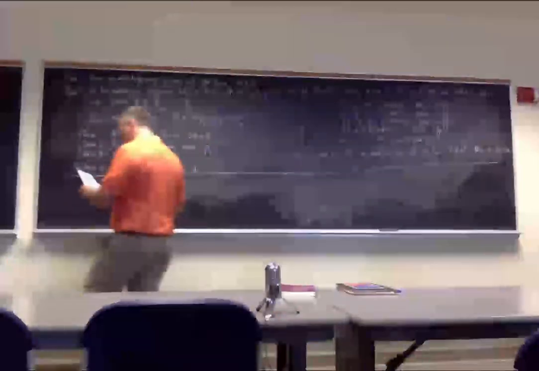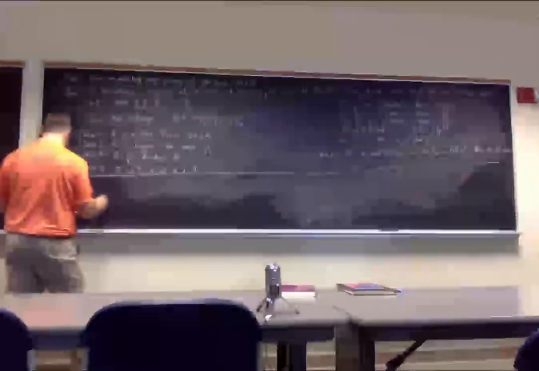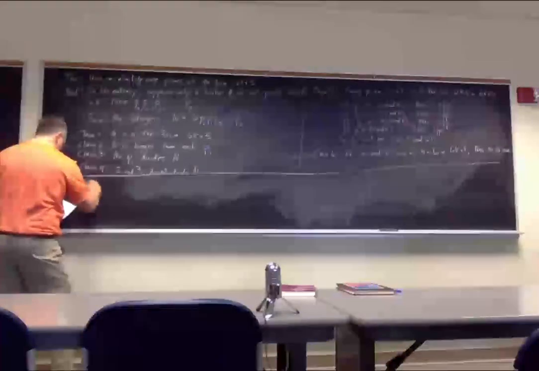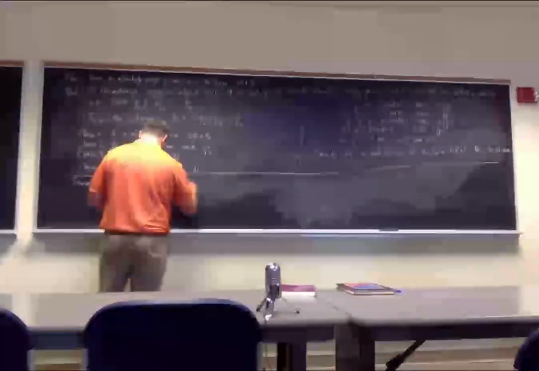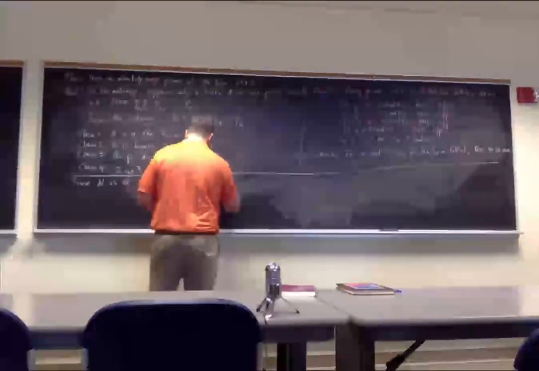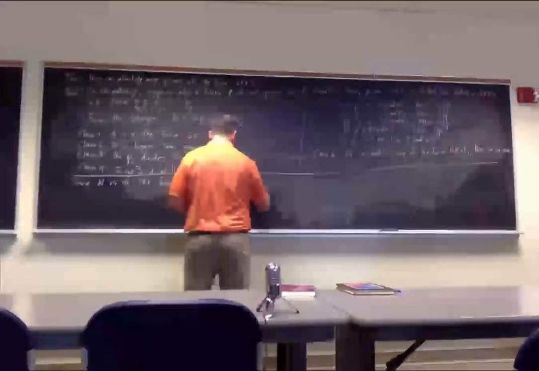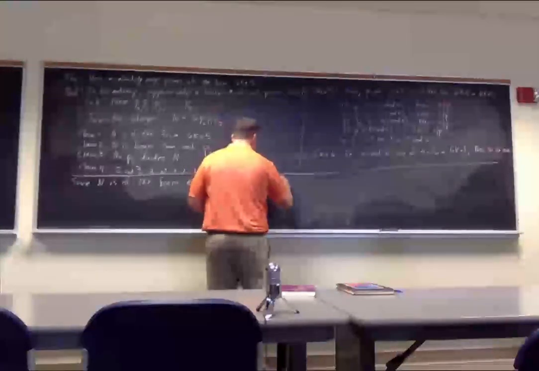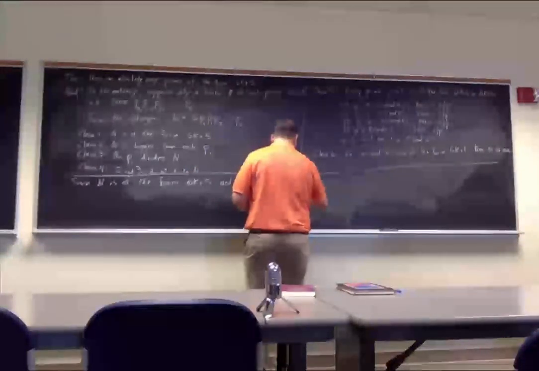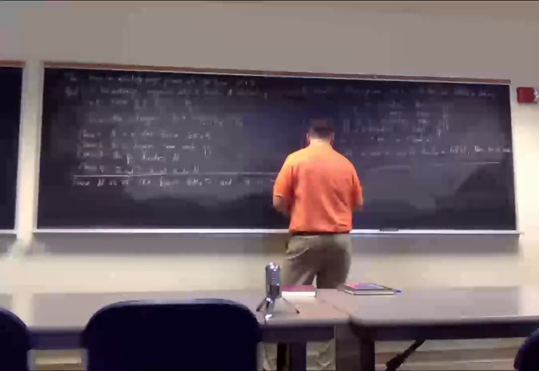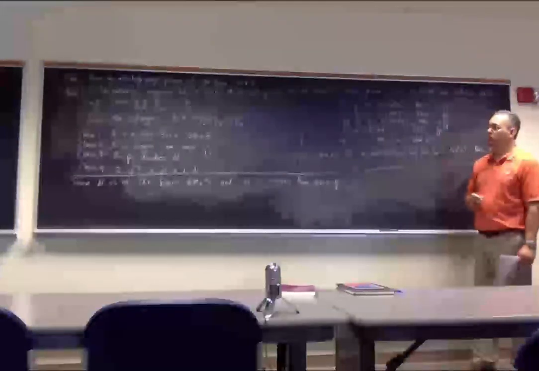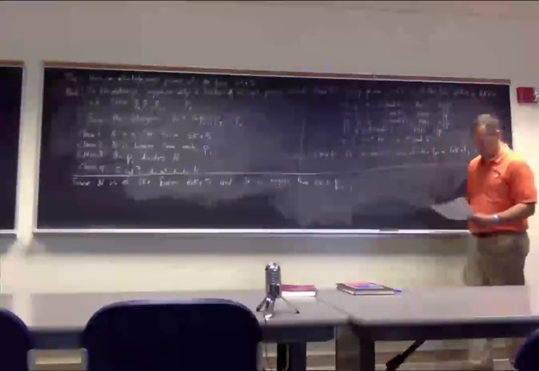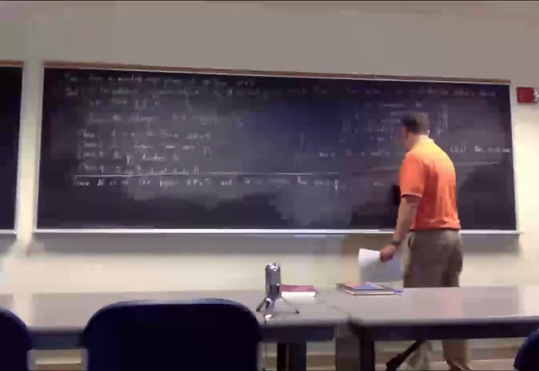So since n is of the form 6k plus 1 or 6k plus 5, and n is bigger than each p_i, we already established those claims 1 and 2, n must be composite.